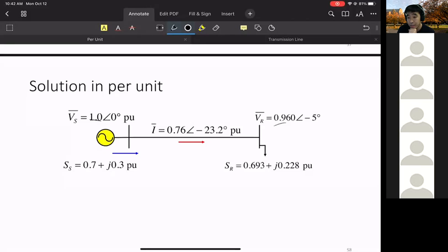Okay, so for transformer 1, the secondary voltage, there's a slight difference. So that will introduce a small correction actually.